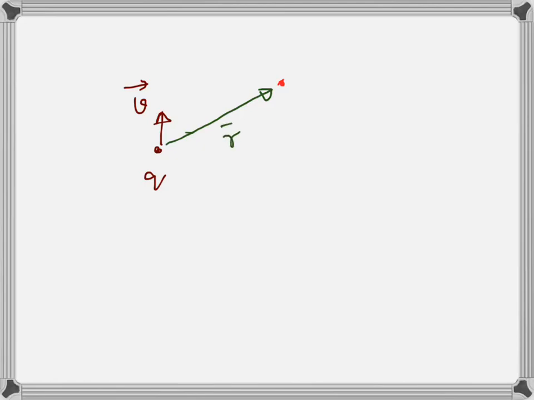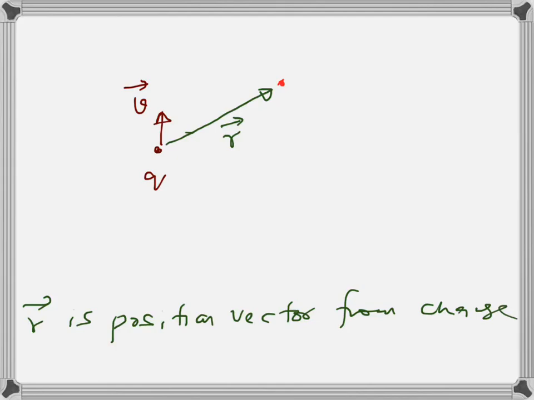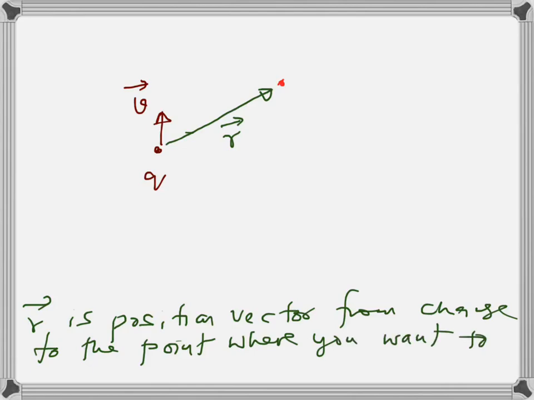This is my position vector R. So R is position vector from charge to the point where you want to find magnetic field. Okay, so we have this R.